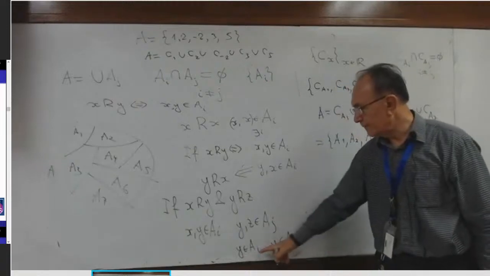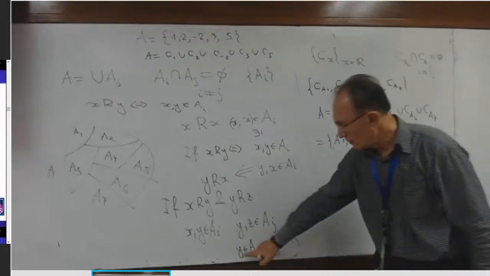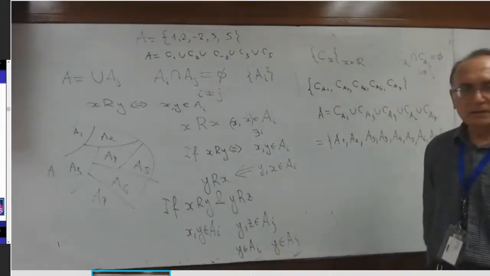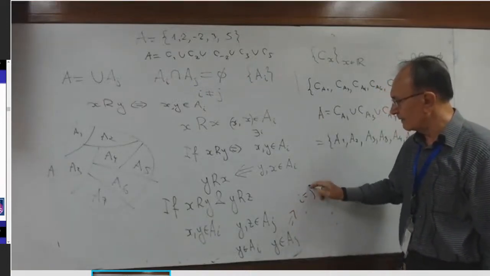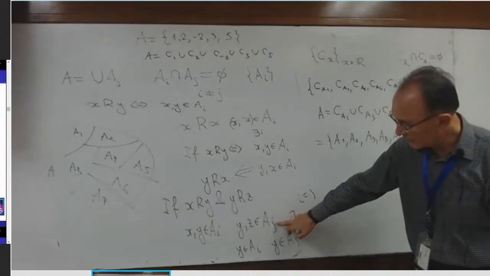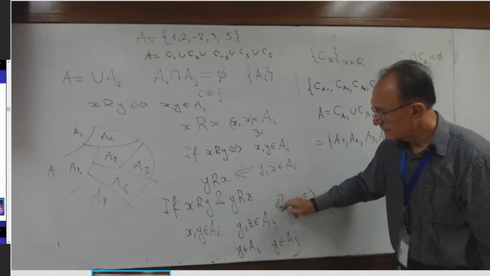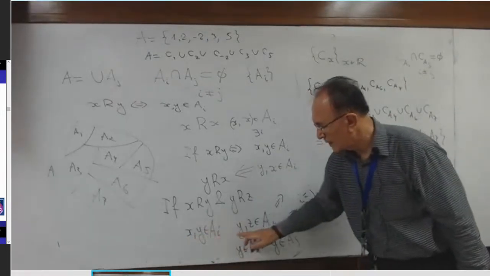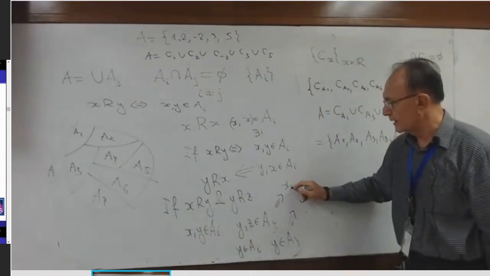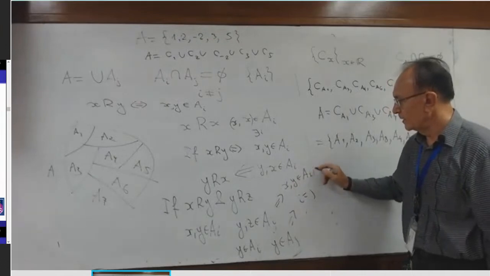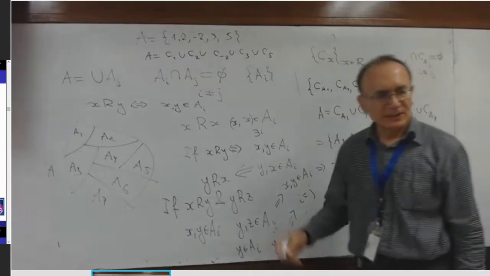If i is not j, the intersection is empty, so element Y cannot be in both sets. So i is j, and instead of this j, I should put i. Since X, Y in Ai and Y, Z also in Ai, X, Z are also in Ai. So X is related to Z. That is transitivity.